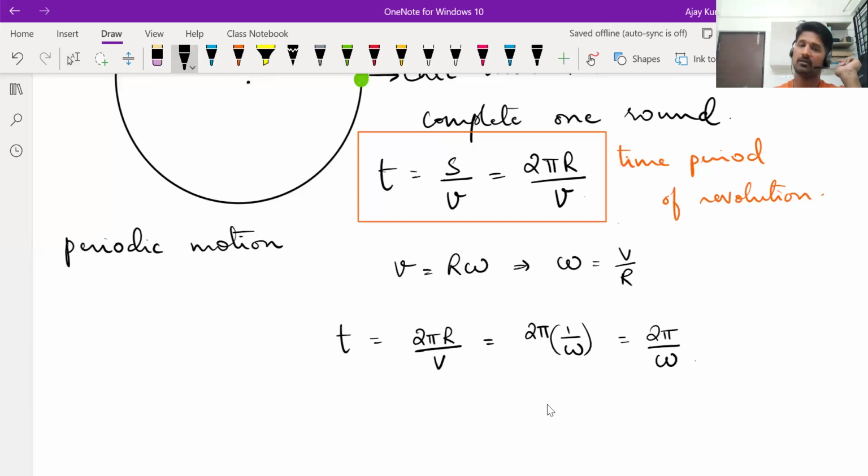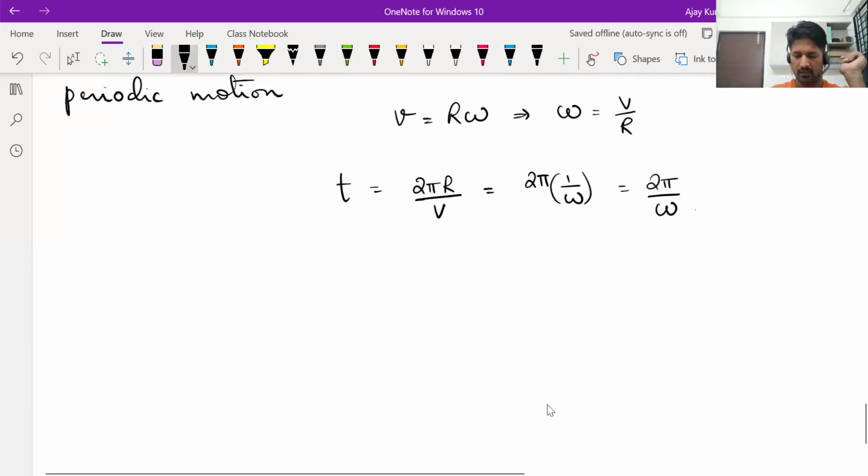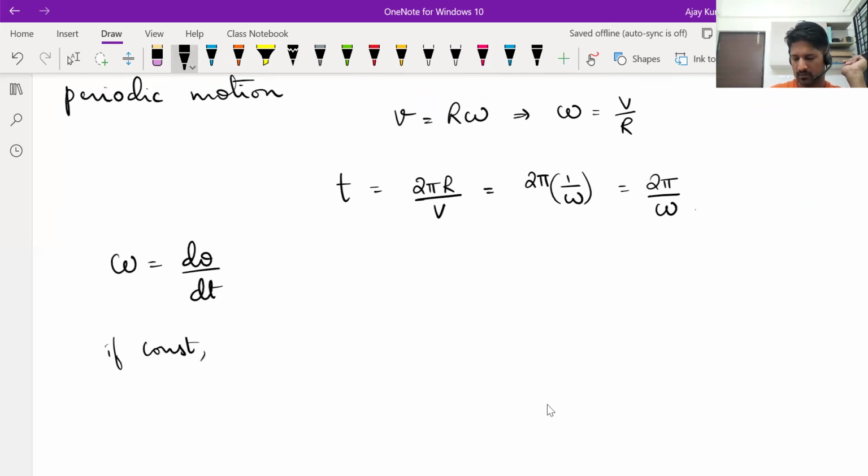So in terms of angular velocity also, you can tell the time period. And angular velocity by definition is d theta by dt, right? If it is constant, you can write it as delta theta by delta t also. To complete one circle, what is the angle that it needs to rotate? 2 pi.